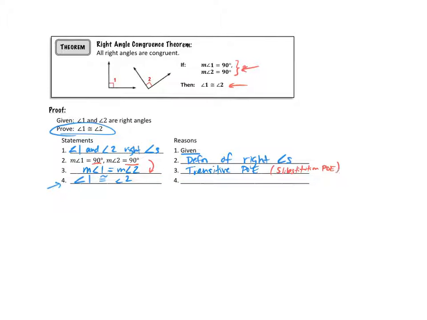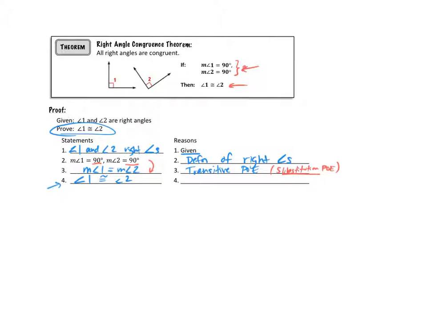Property of equality. Alright, so if it's transitive, you can pretty much always use substitution property of equality instead, as long as it was a transitive property of equality. Congruence, not so much. If it was substitution property of equality, you can't necessarily always go the other direction and always use transitive instead. We'll see some examples of where that's the case, where you could only put in substitution as your reason.